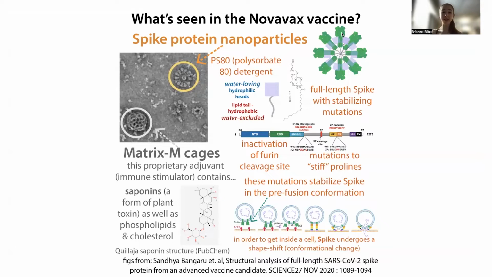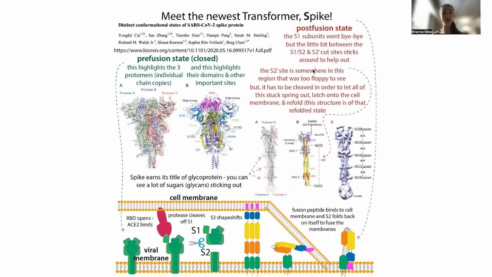This prefusion state is the one you want to prevent from binding to cells. And they were able to do all of this because they had knowledge from past structures of what mutations you can make in what region in order to stabilize the protein in the prefusion state.